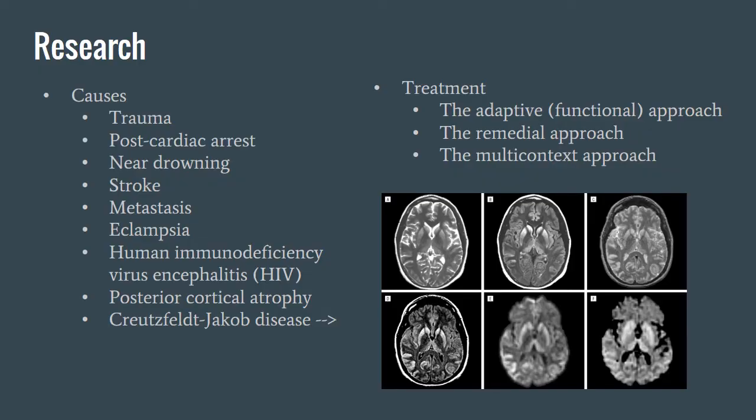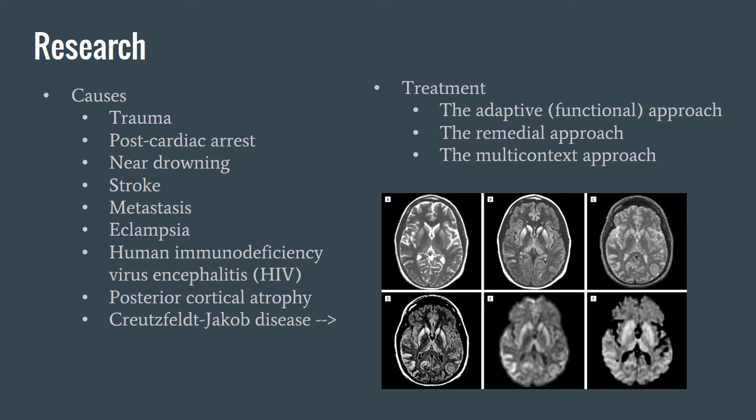Current research shows that there are many causes for Balint syndrome. Some of the causes are trauma, post-cardiac arrest, near drowning, stroke, metastasis, eclampsia, HIV, posterior cortical atrophy, and Creutzfeldt-Jakob disease, which is shown as a picture to the right.